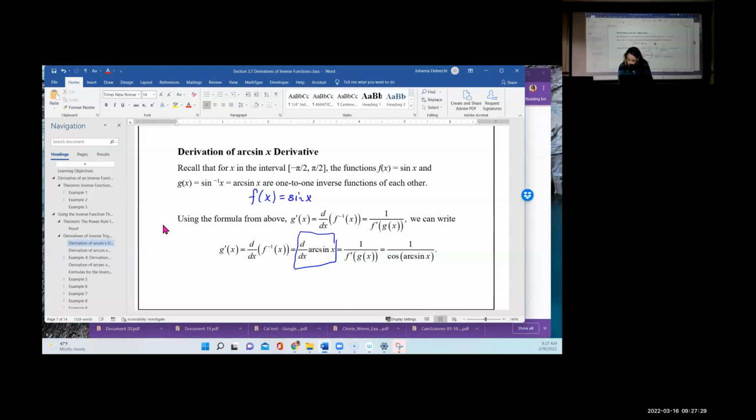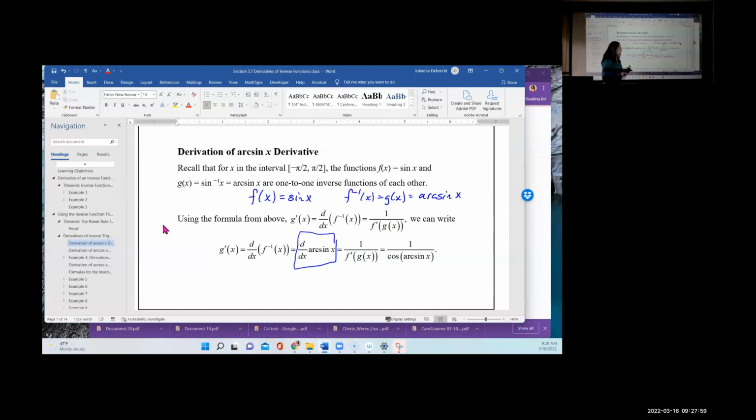And our inverse function, f inverse of x, or you can call it g of x, is equal to arcsine of x. These are one-to-one inverses of each other, at least over the interval from negative pi over 2 to pi over 2. Remember, we had to restrict the interval really small in order to get it to be one-to-one. So they have these really limited domains, all right?